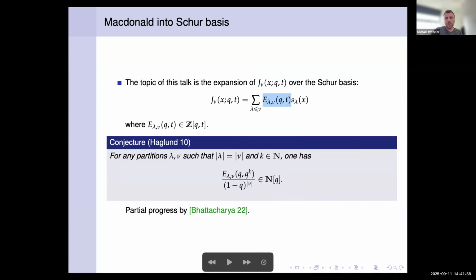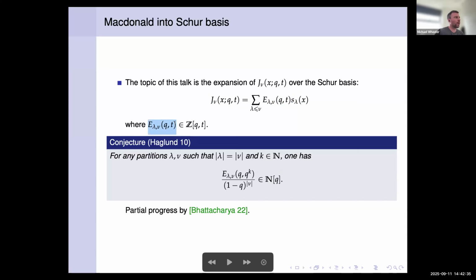To the best of our knowledge, based on looking through the literature, no one has actually come up with a solution to this problem, and it seems to be relatively unstudied, which is surprising given that both of these are very celebrated bases for the ring of symmetric functions. So we would like to say something about these coefficients, and it turns out that we obtained a fully explicit formula for them, which is a combinatorial formula in the same spirit as the one that I just showed on the previous slide.